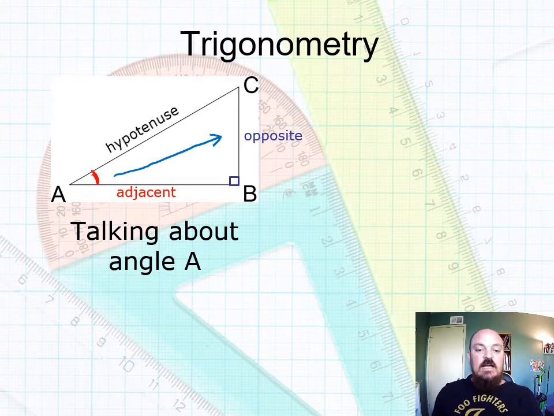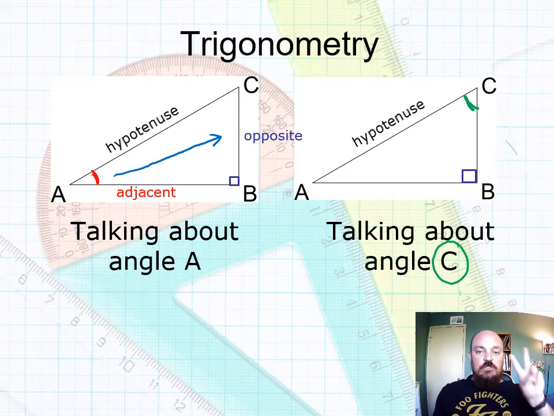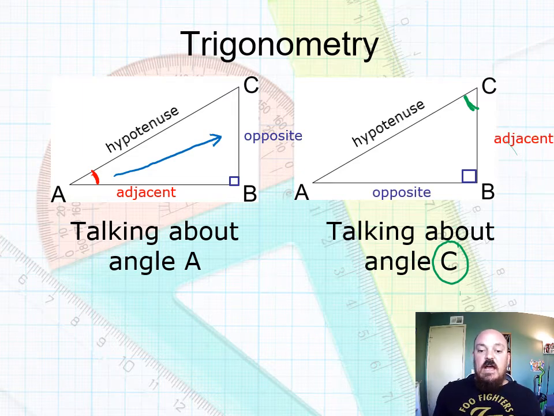Now if we look at the exact same triangle, but let's say this time I'm talking about angle C. So this time I'm talking about this angle here. What it actually does is it flips opposite and adjacent. Because now when I'm talking about opposite, I mean opposite from angle C, and it's actually down here.